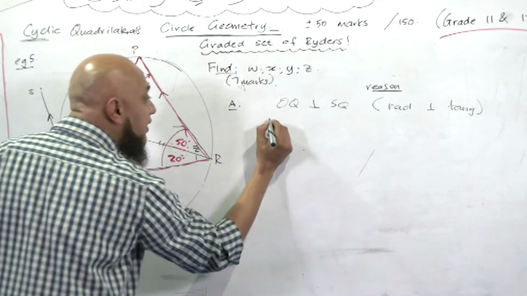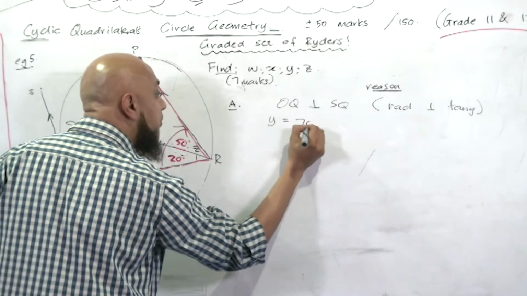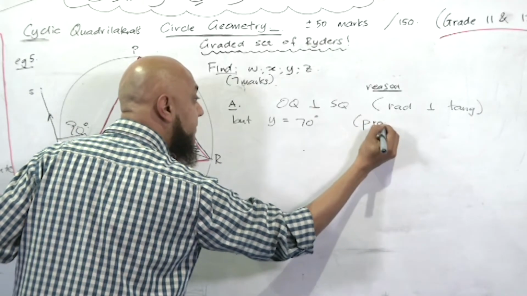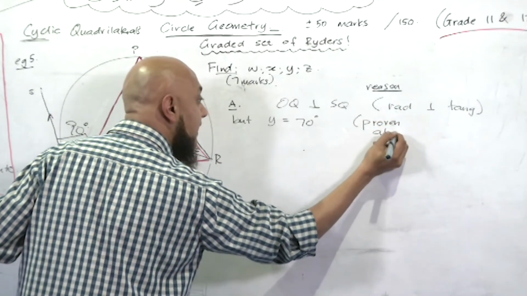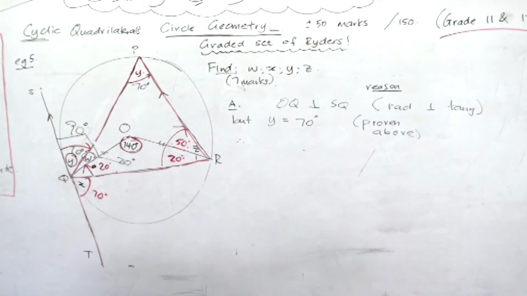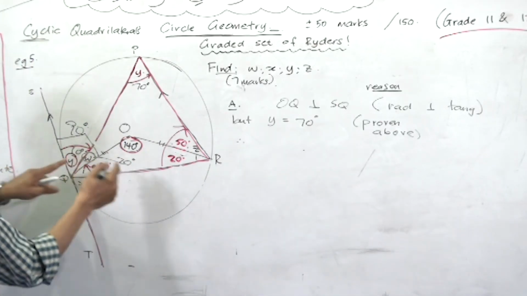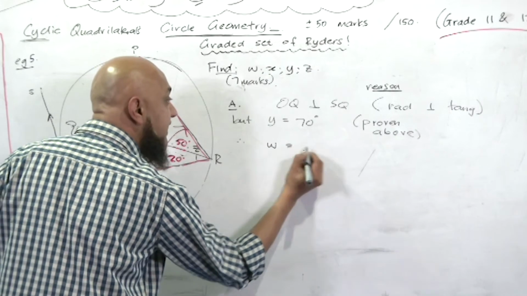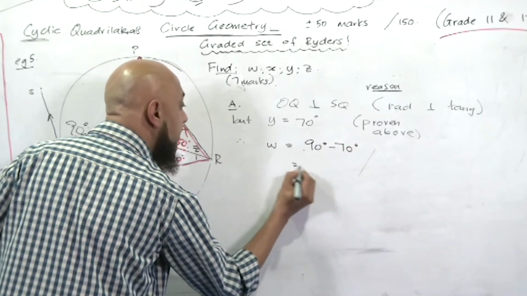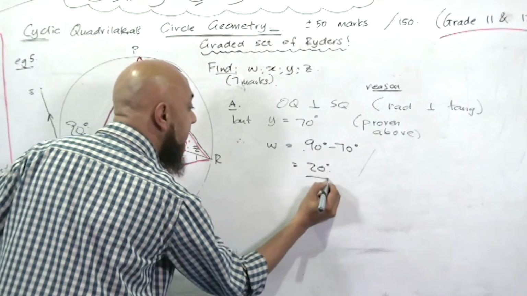But Y is equal to 70, proven above. Therefore, we now have W, which is equal to 90 degrees minus 70 degrees, which is equal to 20 degrees. And there we go.